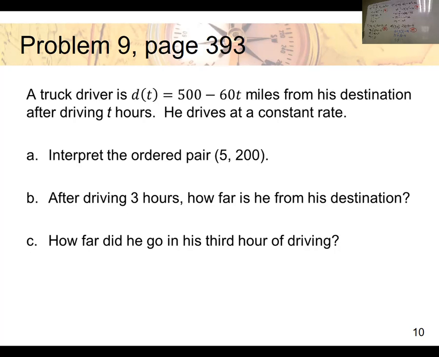With d and t, which one goes to x and y? The t would be like x. Your d of t is like y. So what would be a good interpretation of that particular ordered pair 5, 200? What they're trying to ask is, what does that ordered pair mean?